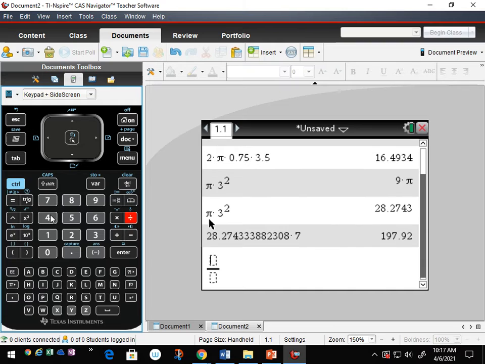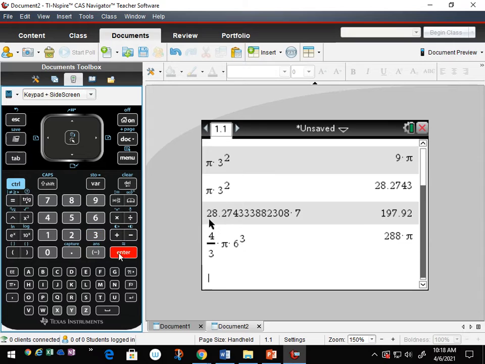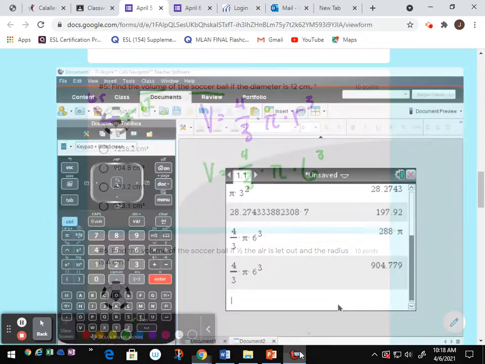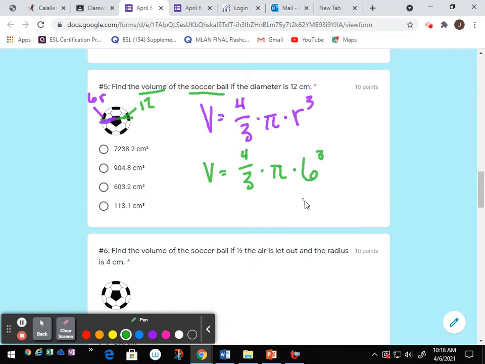We have 4/3 times pi times 6 to the power of 3. And we get 904, and if we round out, 8 tenths. Okay, 904.8 centimeters, and we found the volume, so cubed. Okay, which we can see is answer choice B for number 5.